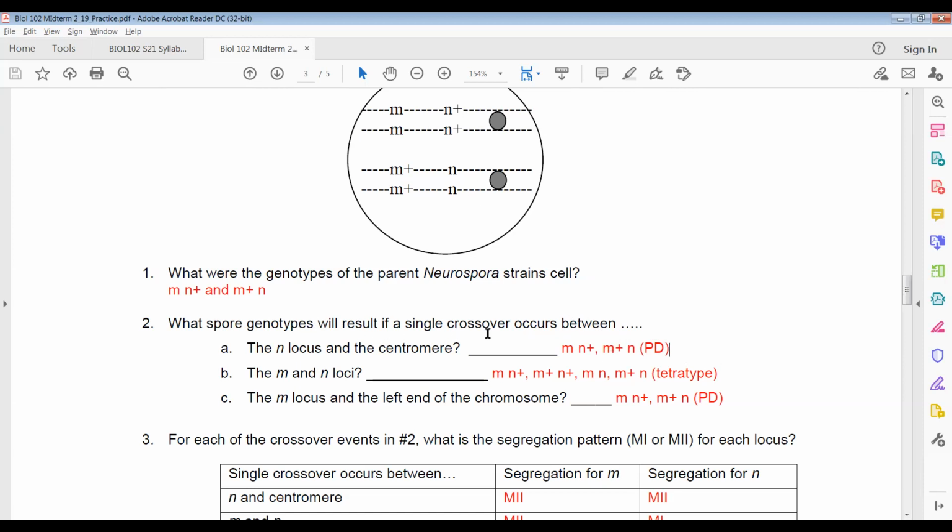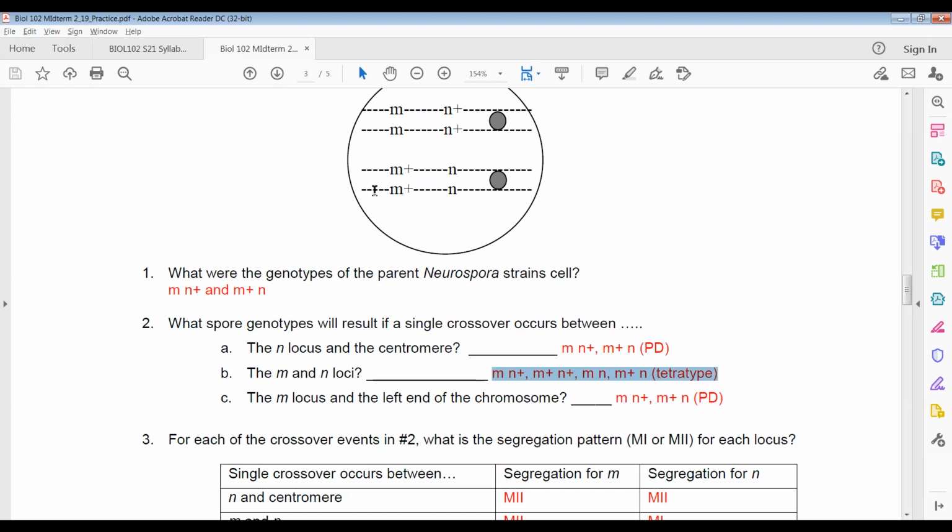All right. Now, if there's a single crossover occurring between M and N, so here, let's say, then this is different, because if a crossover occurs here, this will change the relationship between M and N, right? This will give you the tetratype, because if you write the resultant genotype after the crossover, you're going to see 4 genotypes here.